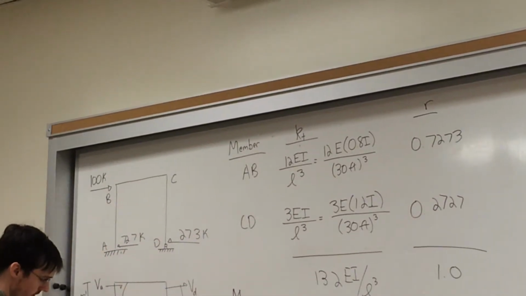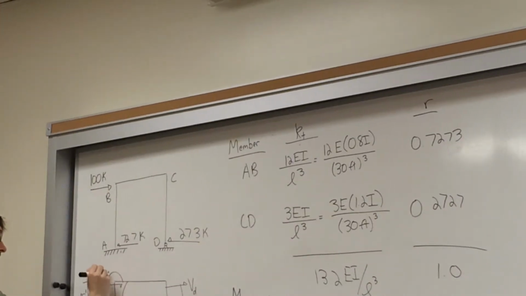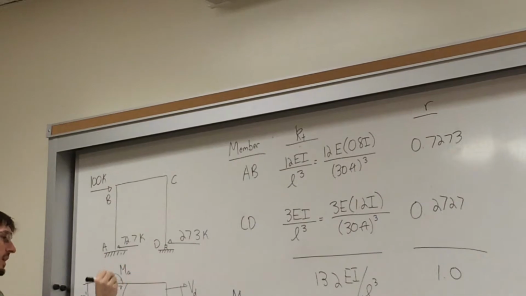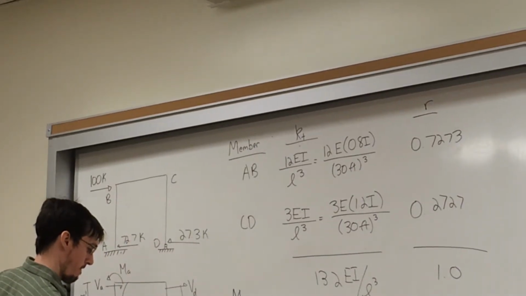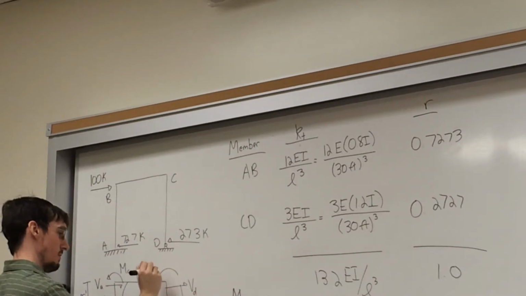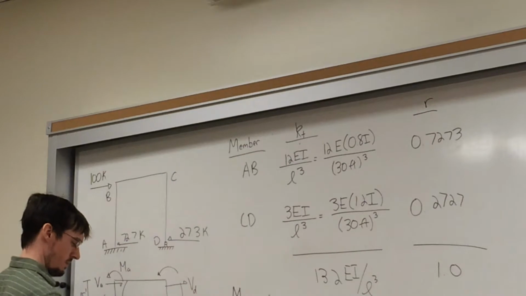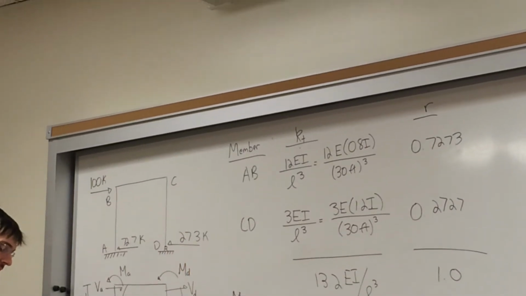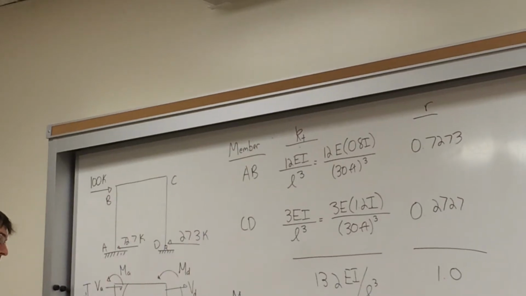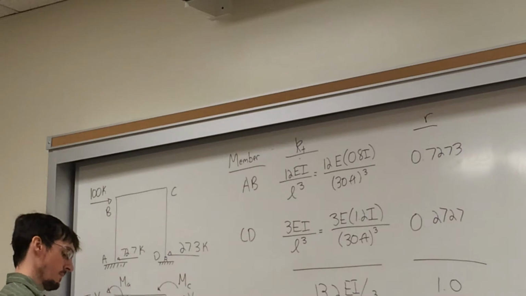So we'll have, let's say, moment at A, moment D. So there's no moment down there. Moment D up here. Moment C, it's a joint C.